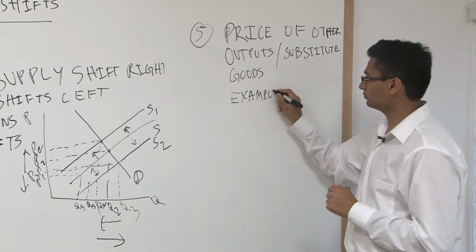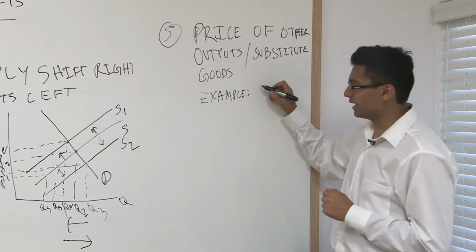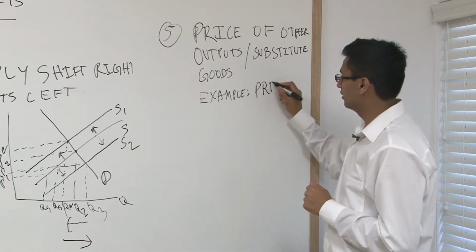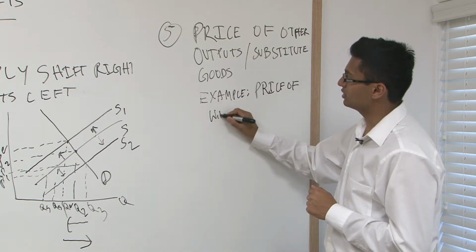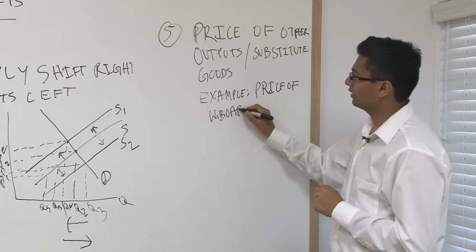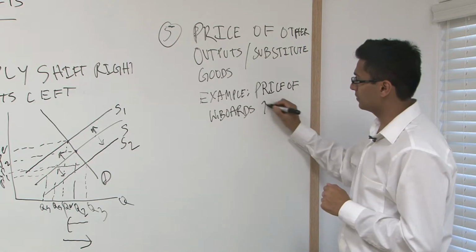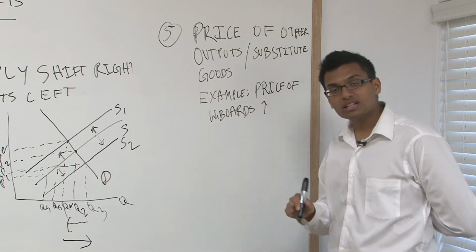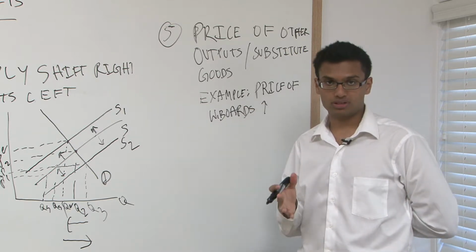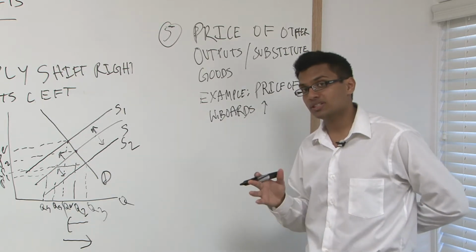Example: price of whiteboards, W boards is whiteboards, goes up. If my price of whiteboards goes up, that means there are more profits in whiteboards.